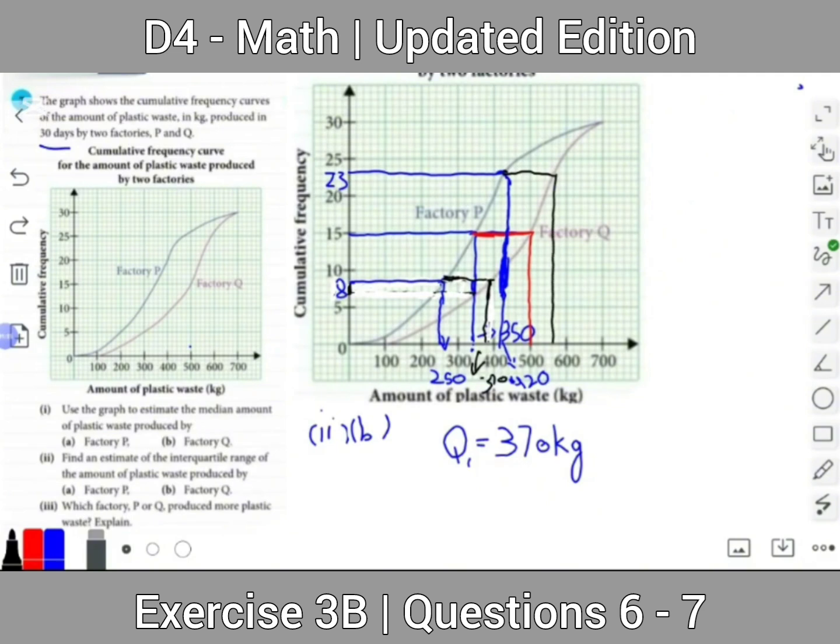So now here we have 500, 520, 540, 560. So this value is roughly 560. So the upper quartile Q3 for the cumulative frequency curve representing factory Q is equal to 560 kgs.